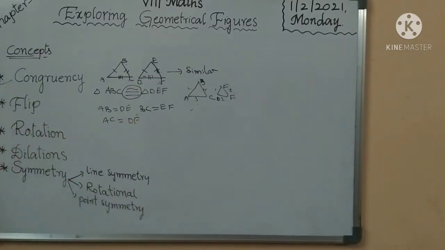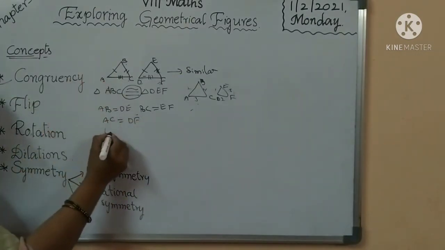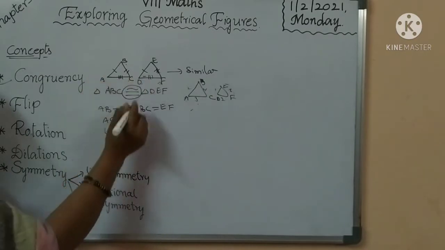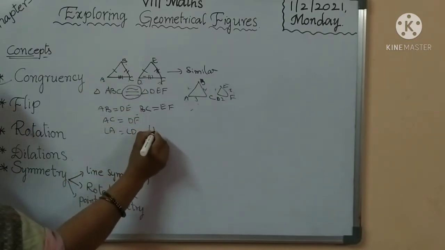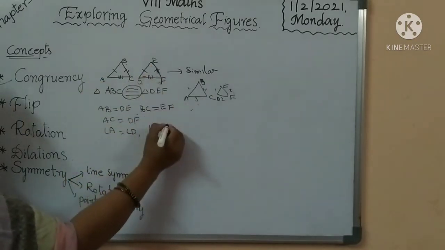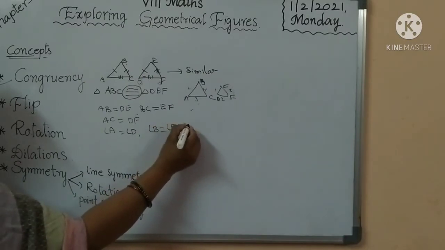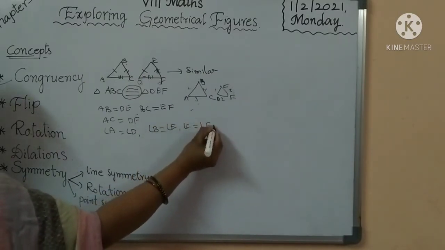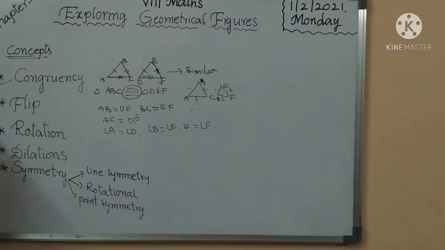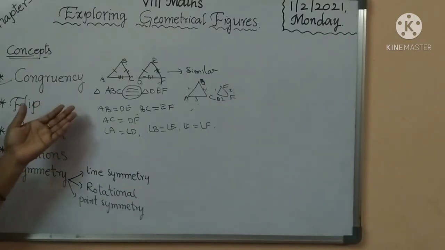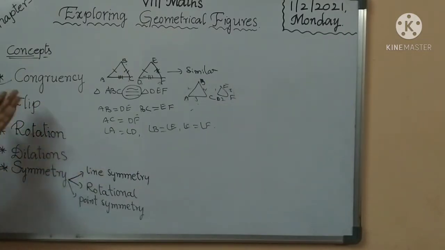Sides are equal, and at the same time angles are also equal. Angle A equals angle D, angle B equals angle E, angle C equals angle F. Did you understand, children? When all sides and angles are equal, the figures are congruent. The first concept is completed.